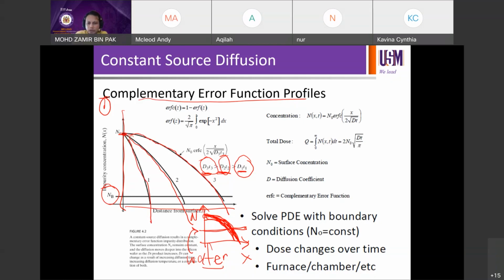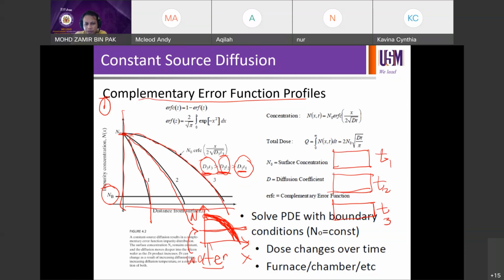Okay. Maksudnya, if you want to put this into silicon to compare, say this one is T1, this one is T2, this one is T3. T2 is longer than T1, T3 is longer than T2, so T3 is the longest.